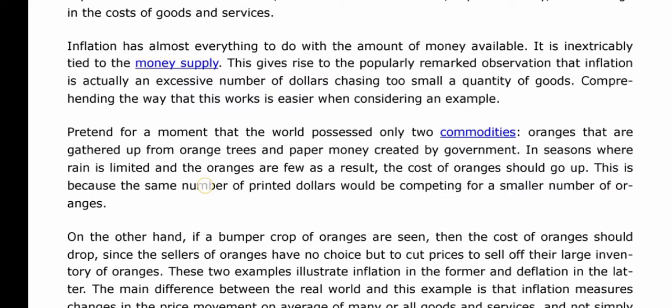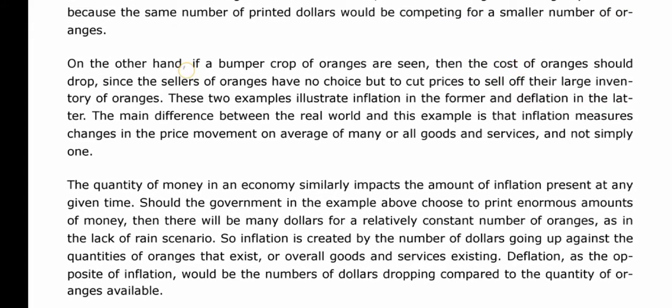This is because a number of printed dollars would be competing for a smaller number of oranges. On the other hand, if there are bumper crops of oranges, then the cost of oranges should drop, since sellers have no choice but to cut prices or sell off a large inventory of oranges.